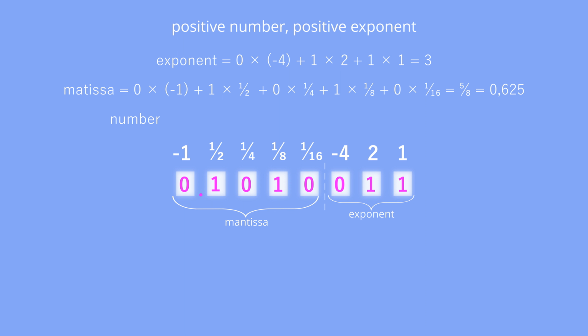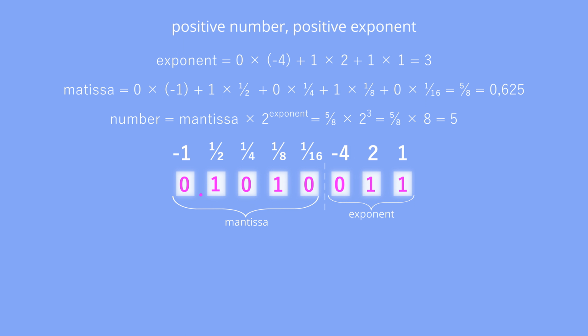Now we need to multiply mantissa and base to the power of exponent. As we have the base 2 number system here, of course the base equals 2. So 5 over 8 times 8 equals 5.